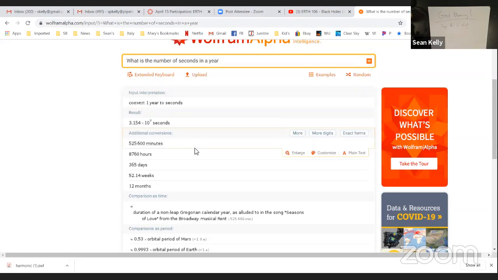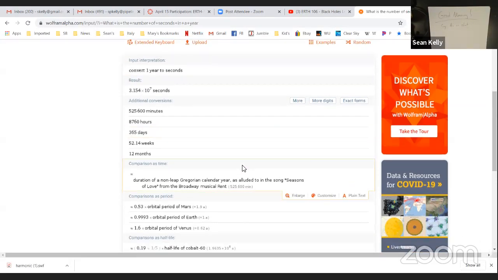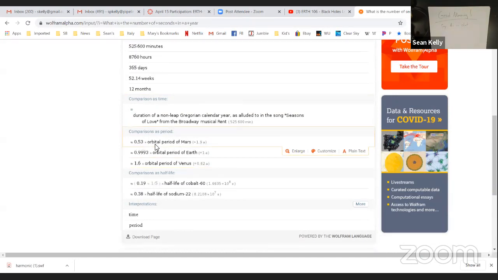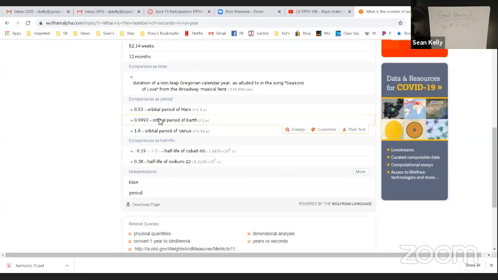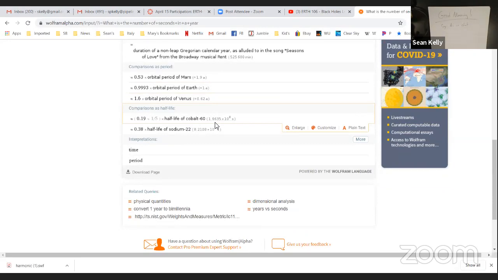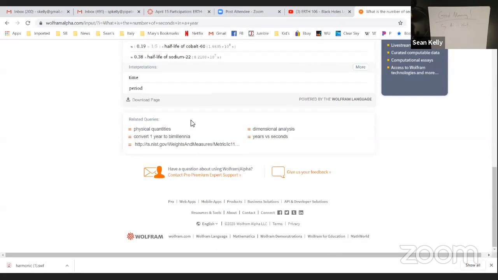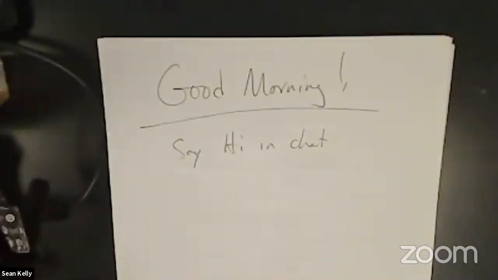And there's my number. Okay, cool. Oh, this is funny: 0.9993, the orbital period of a year of the Earth. Comparisons of half-life. Anyways, it's kind of a funny little website.